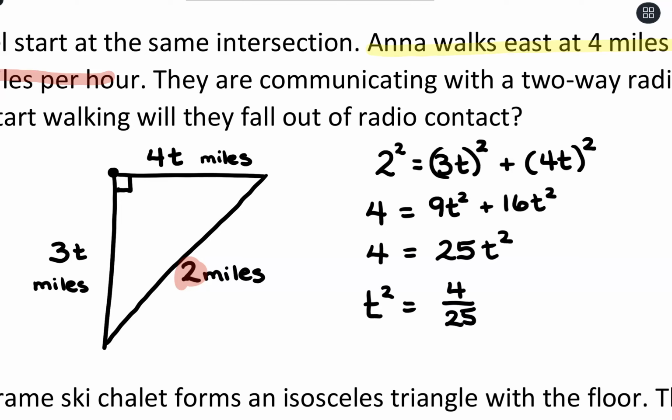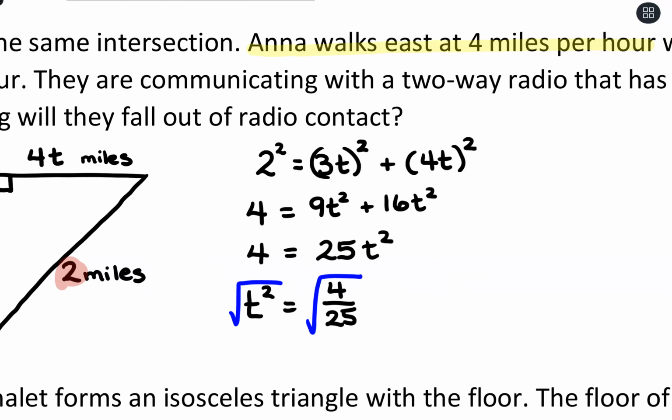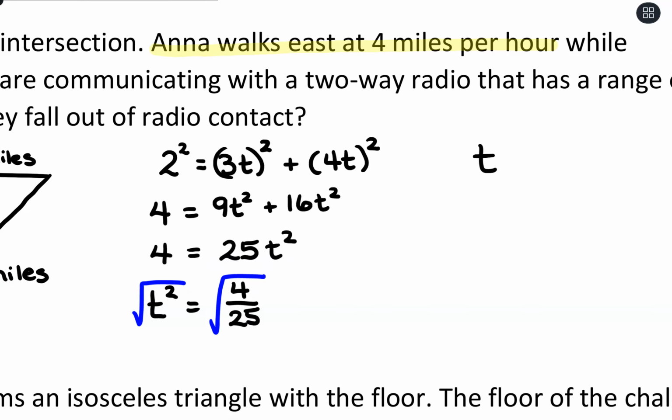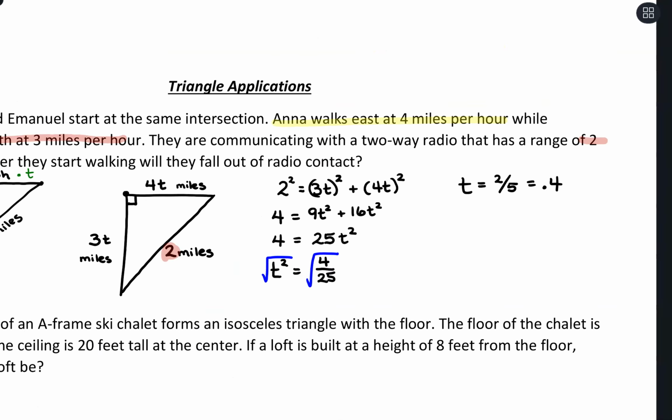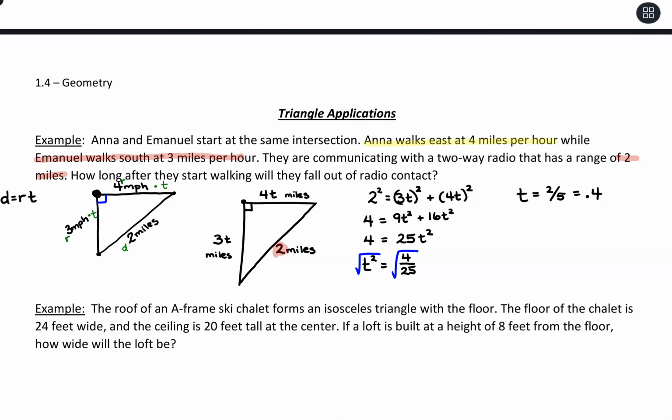And we're going to take the square root of both sides to get t equals 2/5, or 0.4. So our final answer here, we're getting a time of 0.4 hours. So how long after they start walking will they fall out of radio contact? After 0.4 hours.